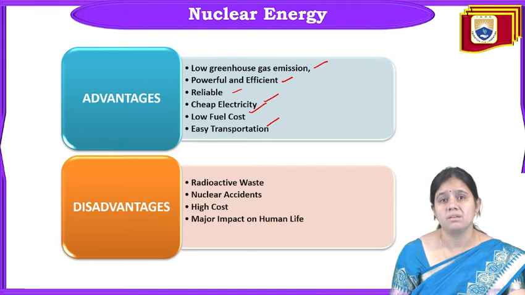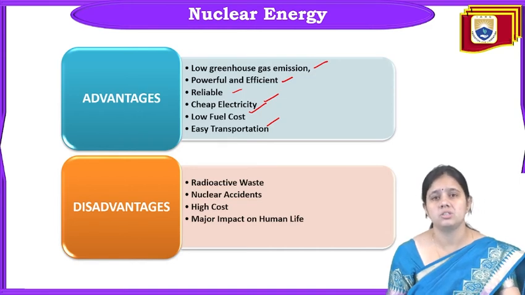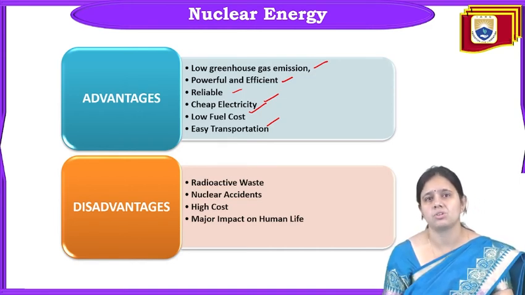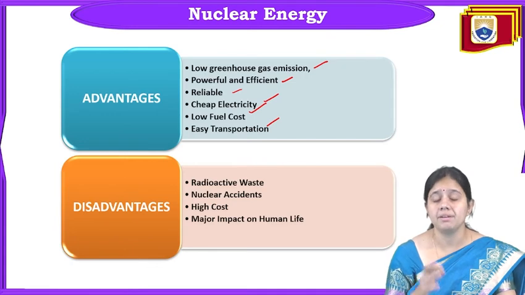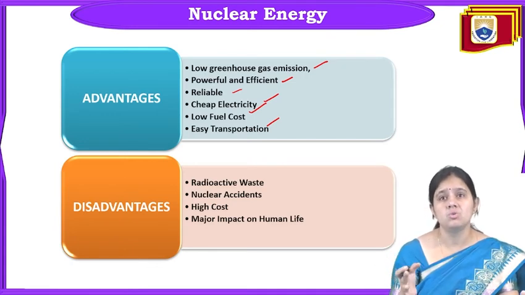Means spreading too much nuclear energy into the vicinity of the power plant, and that is highly dangerous for the common people, for the plants, animals, for the basic biotic life of that area. And the second one is the high cost of nuclear energy, because maintaining that power plant requires very high cost, and it has a side effect on human life, because nuclear is a very dangerous thing.